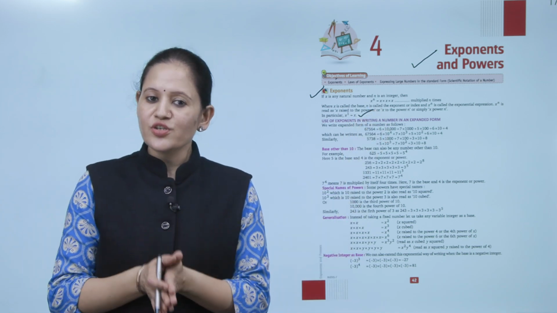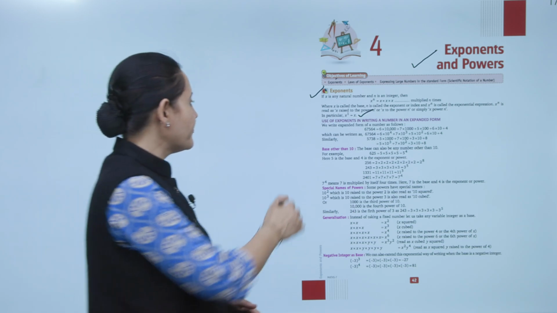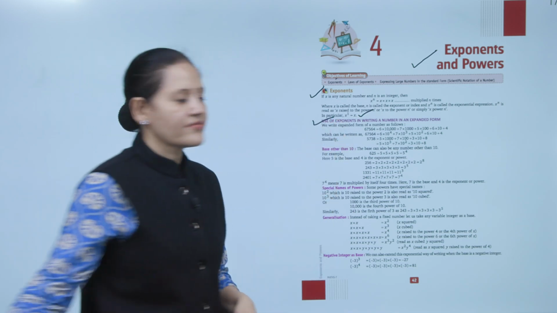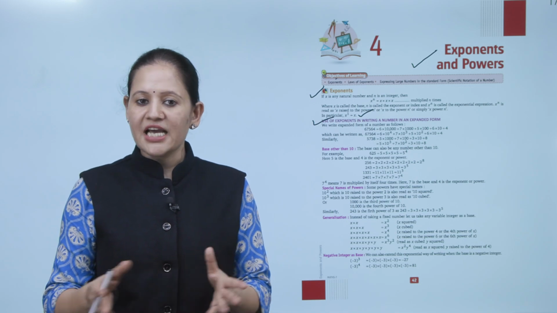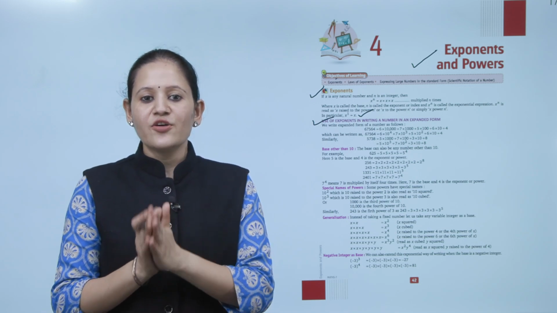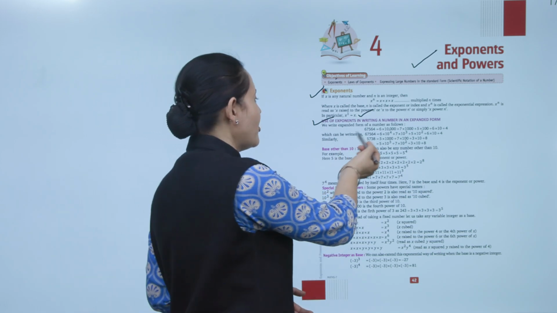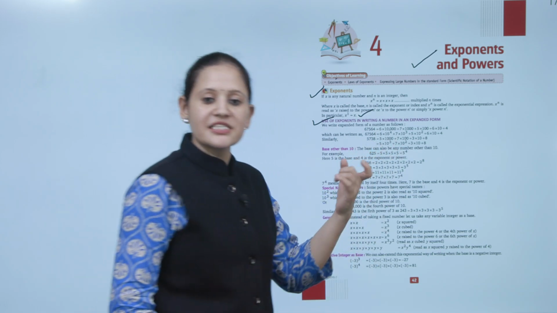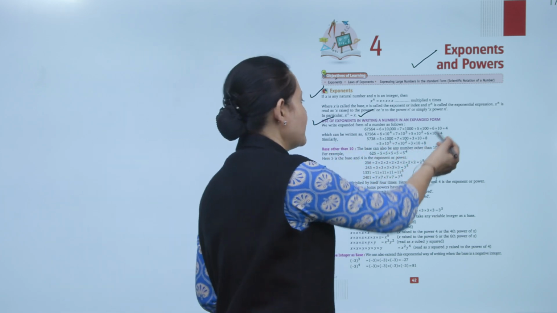Next is use of exponents in writing a number in expanded form. We write the expanded form of a number as follows: 67,564 can be written in expanded form as 6 into 10,000 plus 7 into 1000 plus 5 into 100 plus 6 into 10 plus 4.